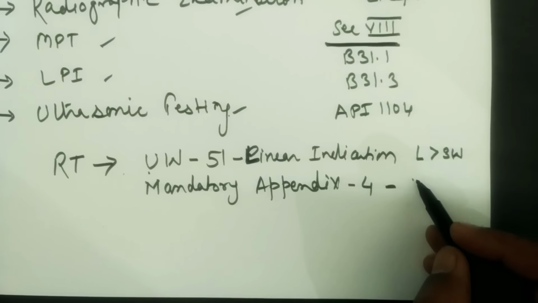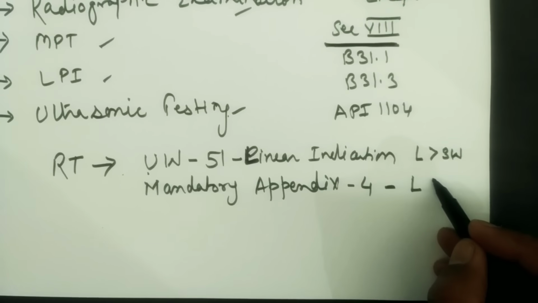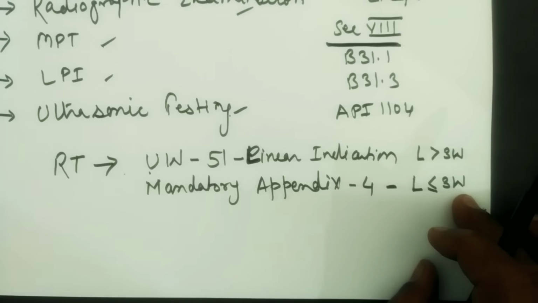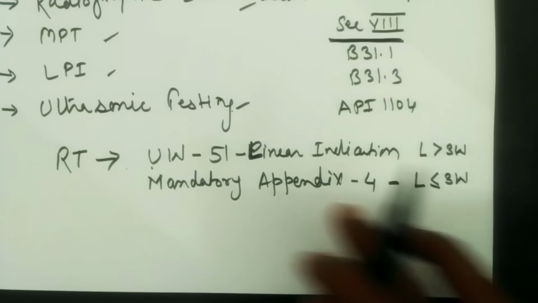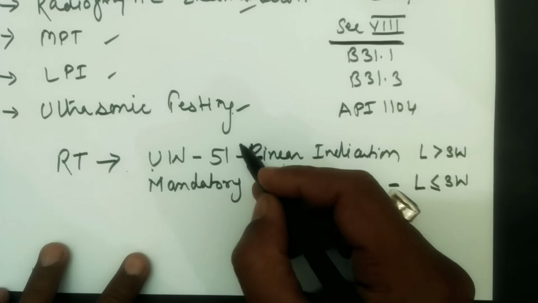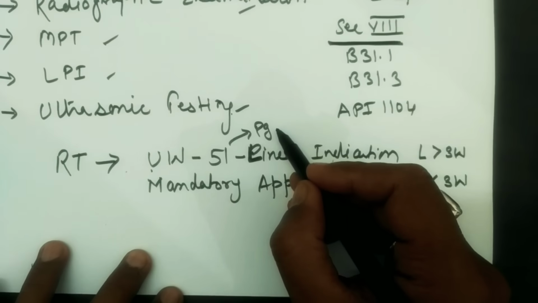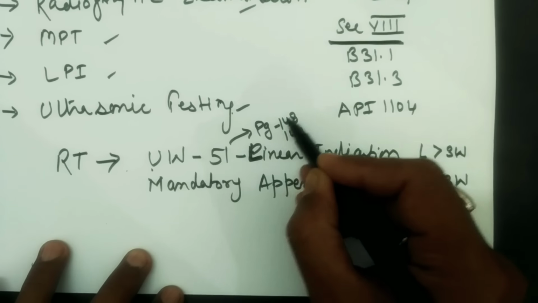Rounded indication is one in which the length of the indication is equal to or less than 3 times the width of the discontinuity. So I will tell you the page number also where you can find this UW-51. UW-51 can be found in page number 148 and 149.